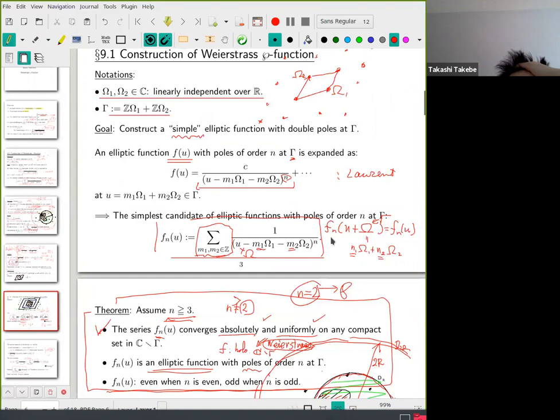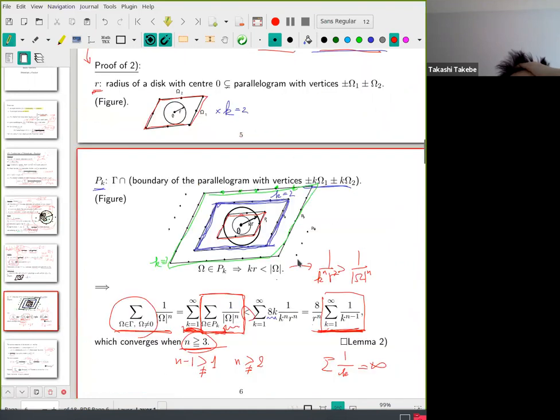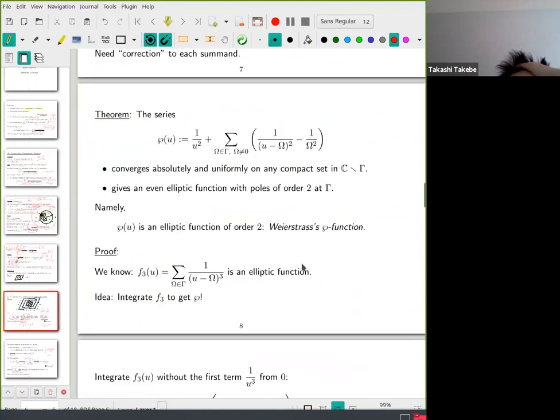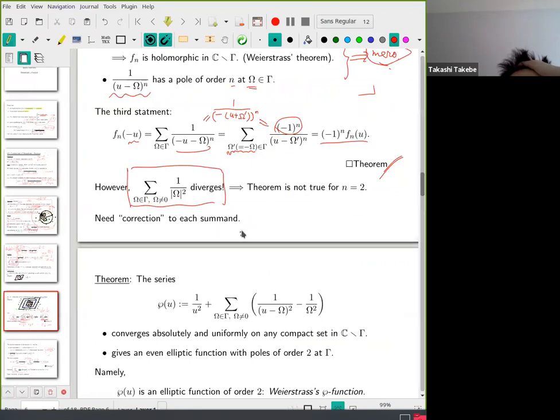So we have to somehow correct the summand to get a convergent series, which is this.